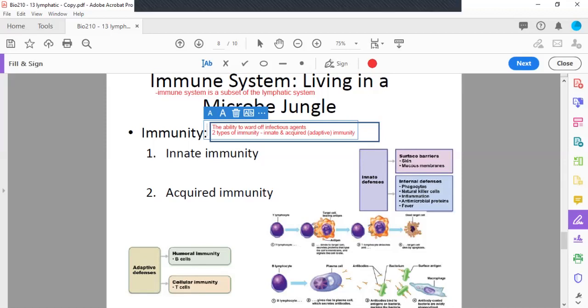So you have innate immunity and acquired or adaptive immunity. So innate immunity is non-specific.